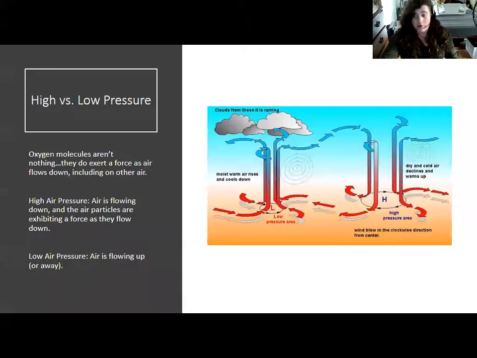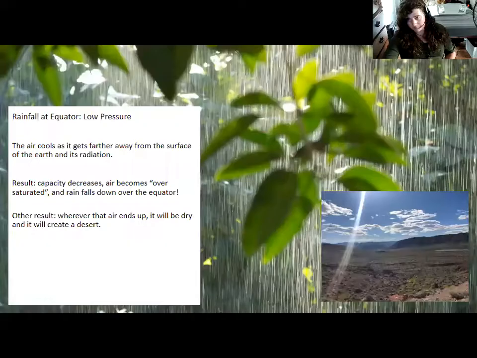Meanwhile, high pressure zones are by and large where relatively cool as well as relatively dry air falls from the atmosphere to the ground. The pressure is from falling air molecules, and the air is that which cooled as it rose in the atmosphere and eventually cooled so much as it started to travel across different latitudes that it fell back to Earth.